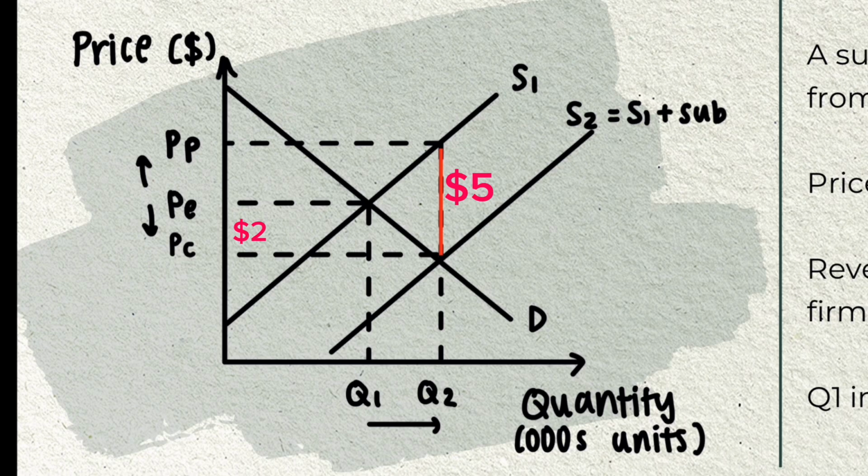So if we know the subsidy is $5 in total and consumers are buying the products for $2 cheaper, this means that the distance between PP and PE is $3. So producers are receiving $3 additional per unit of output to achieve the quantity of Q2.